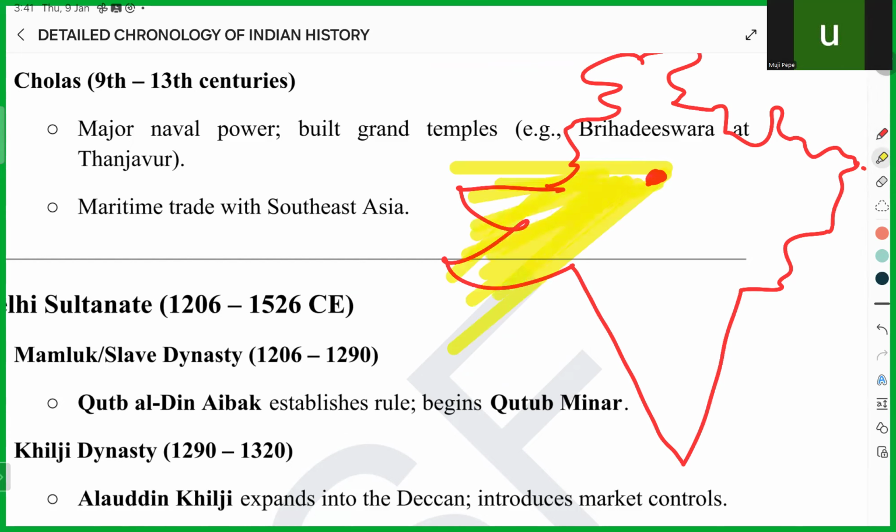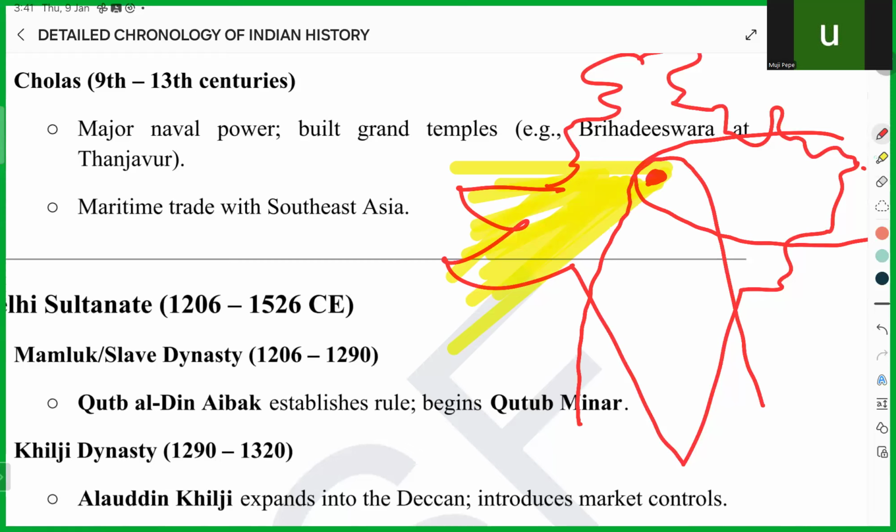Then came the Palas from the Bengal region. And then from the south came the Rashtrakutas. So, three-way struggle. साउथ से राष्ट्रकूट आए, इधर से पाल आए, और इधर से कौन आया आपका? गुर्जर प्रतिहार और the Pratihara Rajputs.